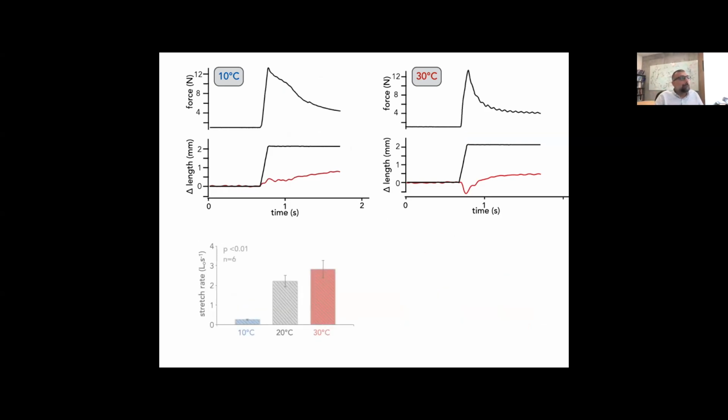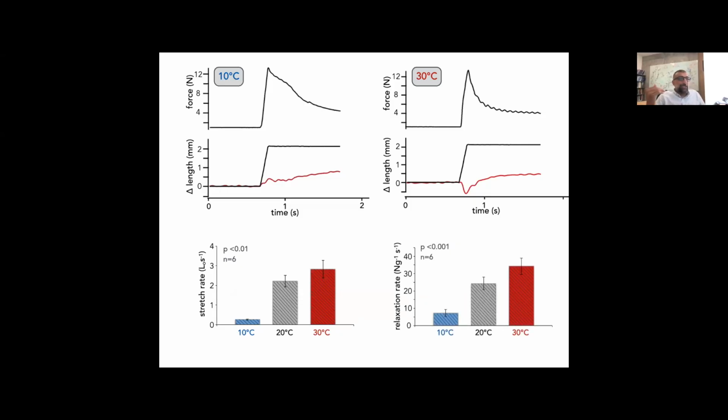So the stretch rate applied to our muscle fascicles increases as temperature increases because we're increasing the deactivation rate. And in fact, those two things, this was the relaxation rate that we quantified in our experiments, show a really consistent pattern across those two variables.